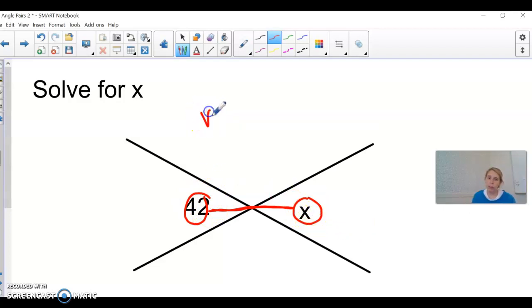So they would be vertical angles. This is 42, so x would also have to equal 42. They have to be the same on both sides. So x would equal 42. They have to be equal to each other.